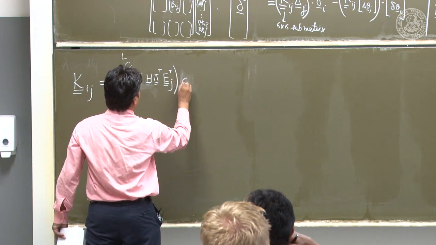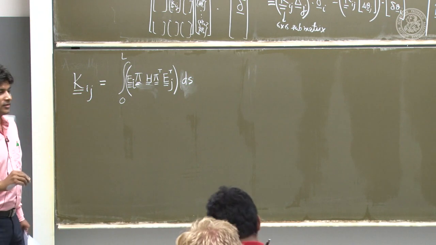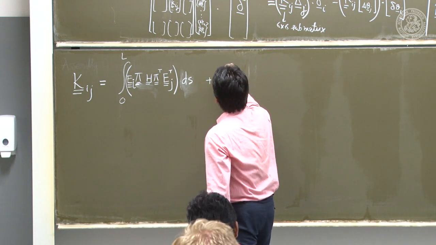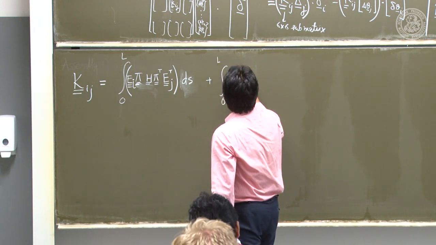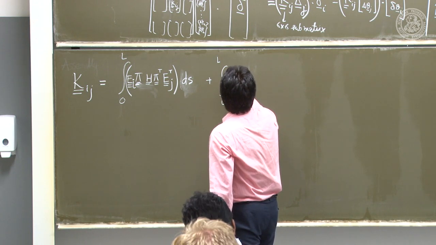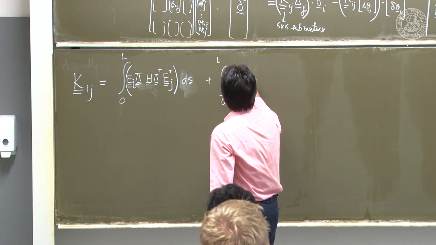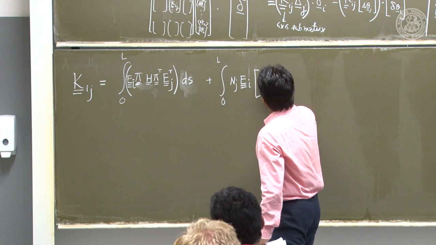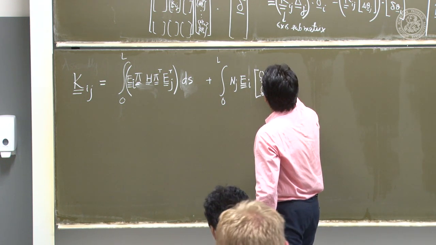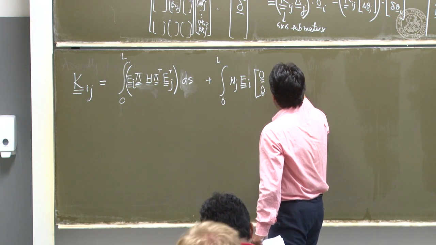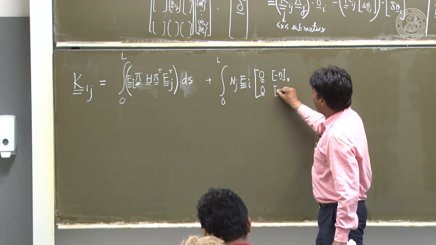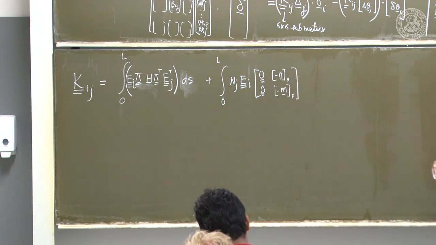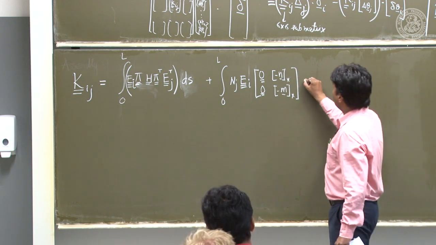So this is your contribution to K_ij, plus the contribution from here, which is 0 to L, n_j E_i times 0 0, minus n cross, minus m cross, ds.